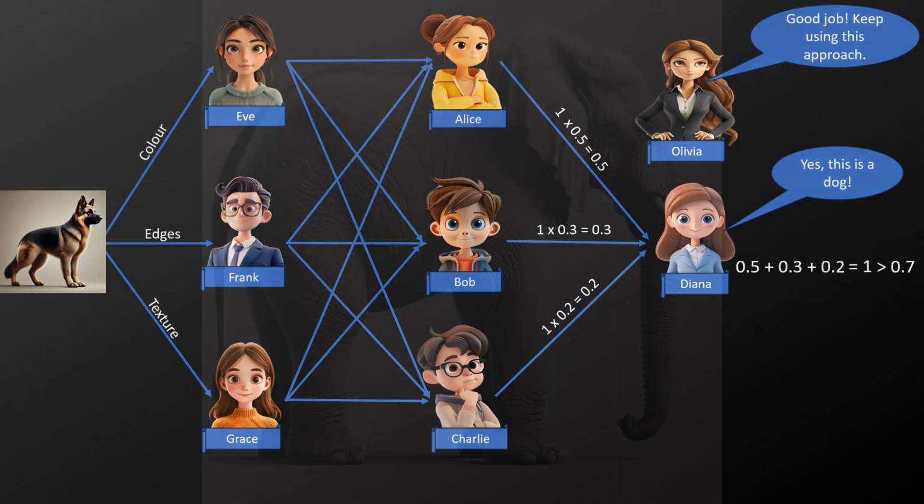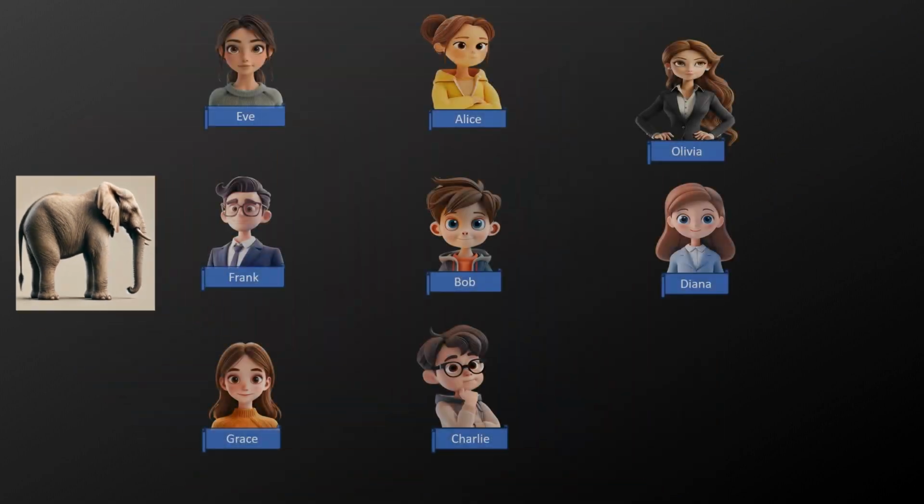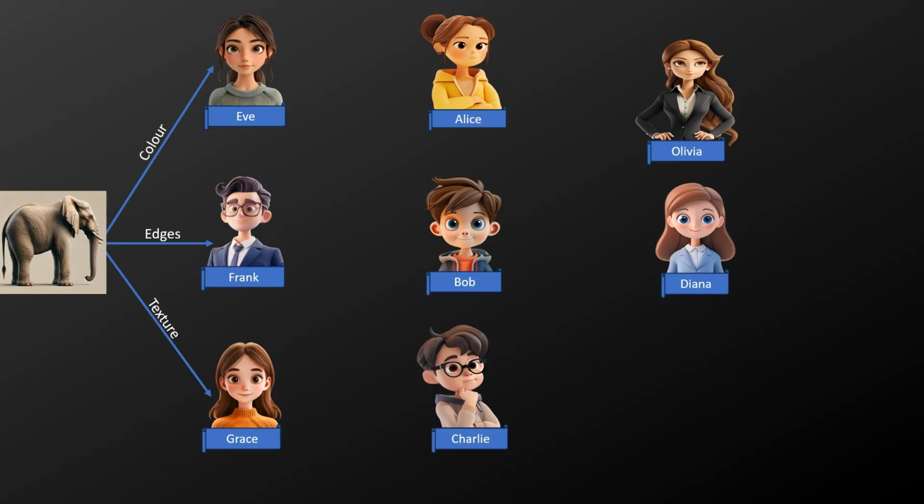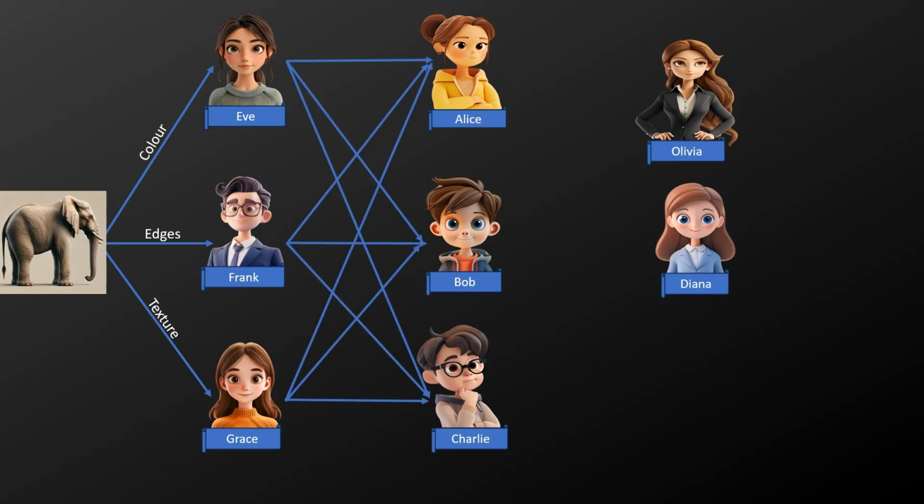Now, imagine the team is shown an image of an elephant. Eve, Frank, and Grace pass raw data to Alice, Bob, and Charlie. Alice sees 4 legs and outputs 1, so she assigns 1 into 0.5. Bob doesn't detect fur and outputs 0, so he assigns 0 into 0.3.